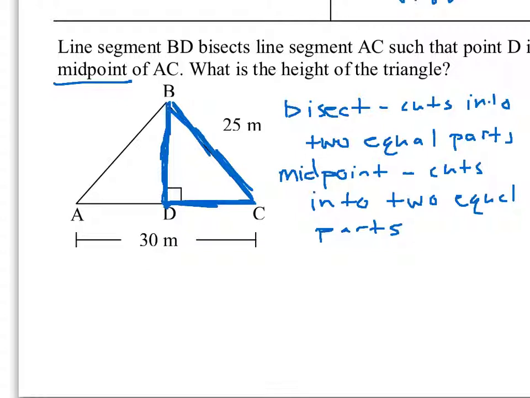Yes, we need to find half of 30. We don't need to know all the way from A to C. I only need to know from D to C. So it's really important that we know that it is cut equally in half. We only know that because it said that it was a bisector, or a midpoint.